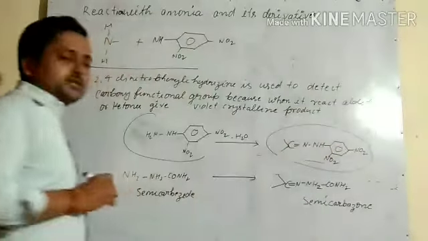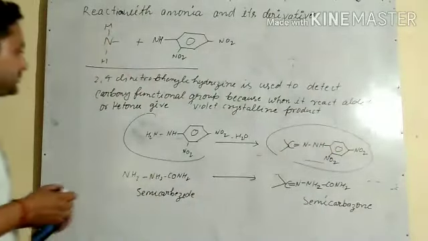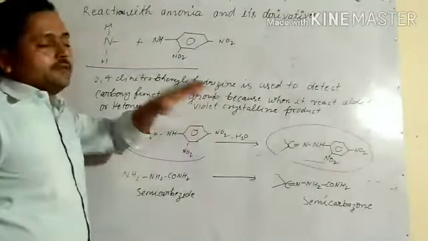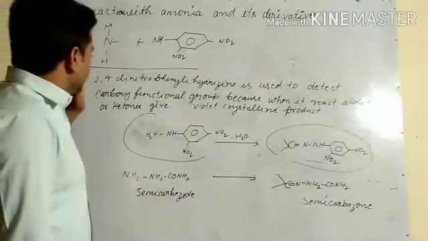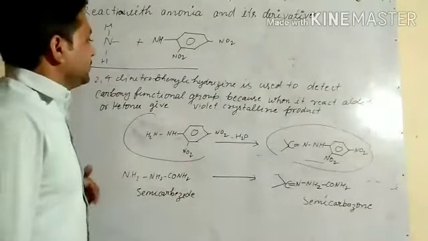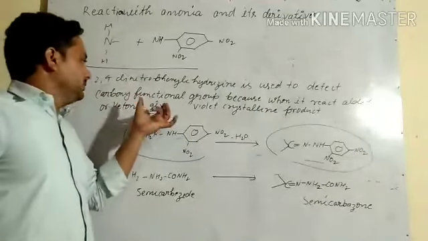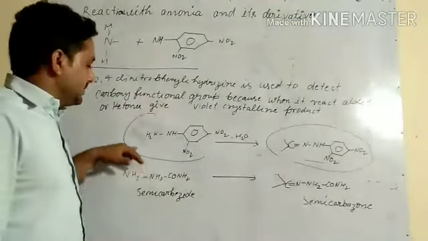So formation of this violet crystalline product shows the presence of carbonyl group in a given organic compound. So we use this reaction, 2,4 dinitrophenyl hydrazine, to detect the carbonyl group of an organic compound. So this reaction is very important.